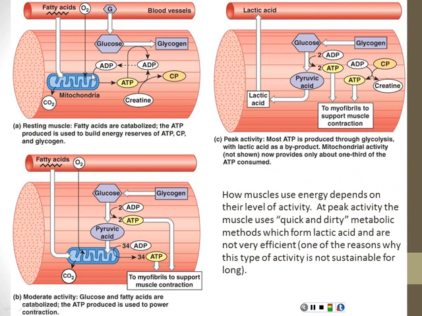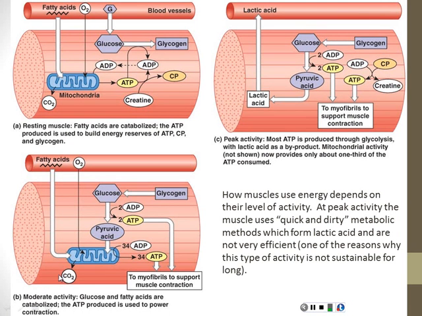So resting muscle is going to use fatty acids as its primary fuel supply, and it's going to feed those fatty acids into the mitochondria to produce ATP. Now, when that muscle starts to get used, as long as the oxygen supply can keep up, then fatty acids will continue to be used as primary fuel because they're very energy dense.